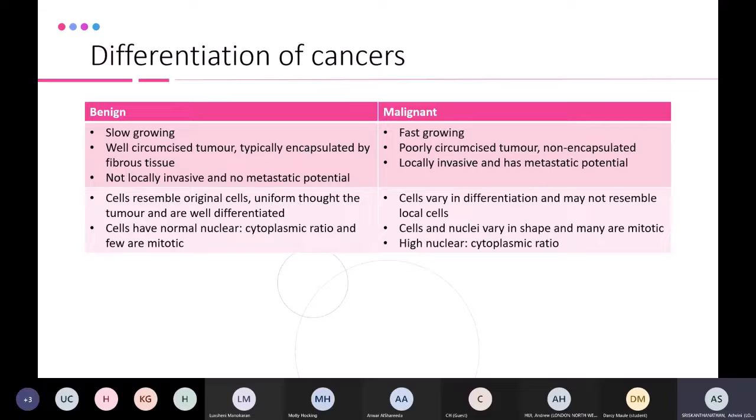The cells and the nuclei vary in shape, many of them tend to be mitotic, and they have a high nucleocytoplasmic ratio. And this ratio is one of the key things that you look for to identify if they're malignant or not.